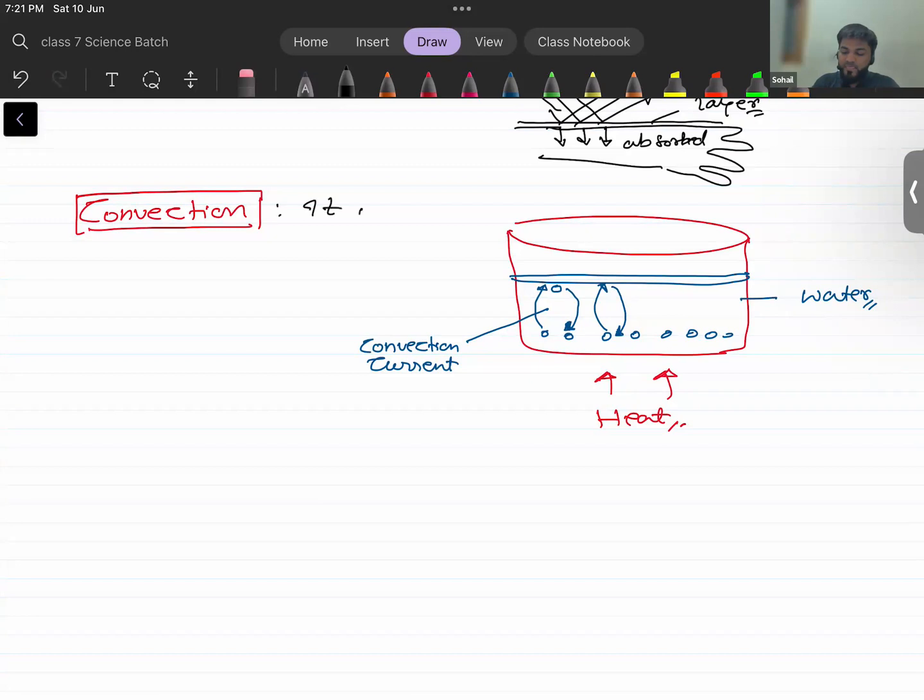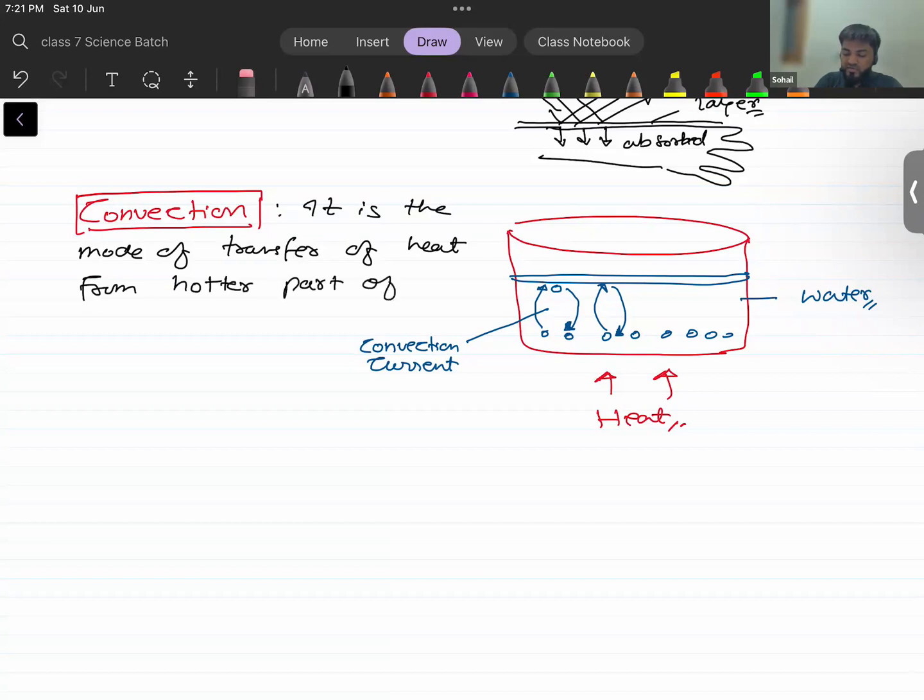Convection, it is what? It is the mode of transfer of heat from hotter part of a liquid or gas to the colder part by movement of particles.